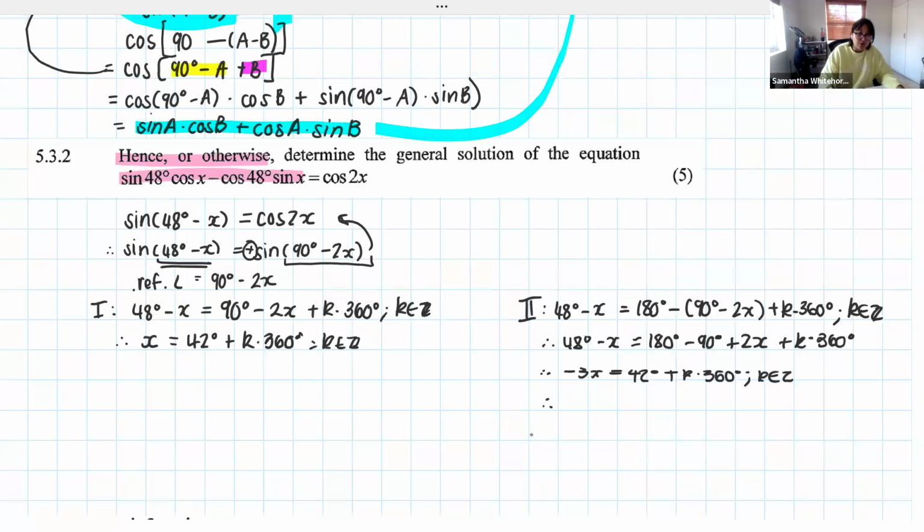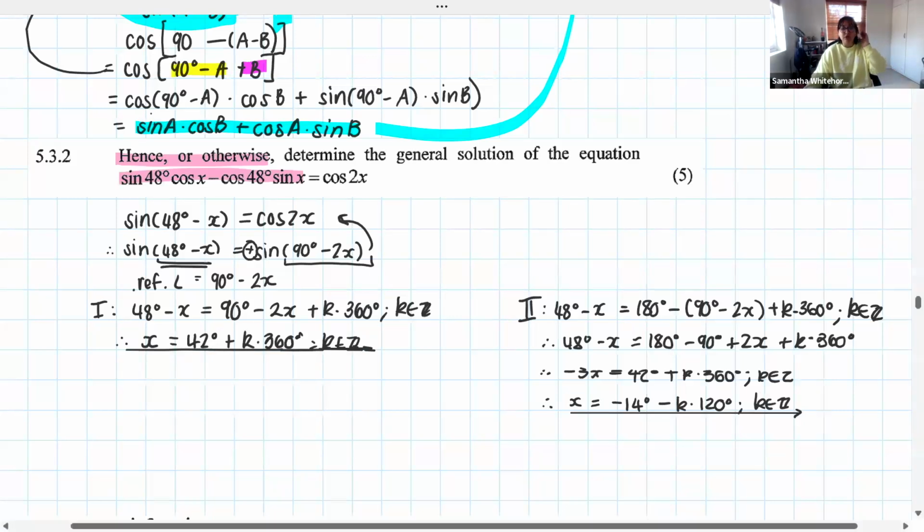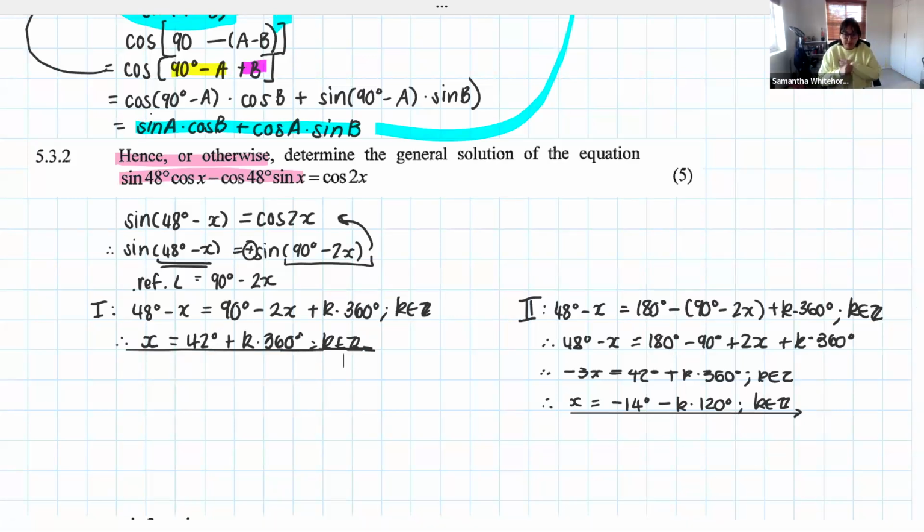And so now in solving this equation, I need to divide everything by negative 3. So 42 divided by negative 3 is negative 14. K times 360 divided by negative 3 becomes minus k times 120. And so I've got my two general solutions for this equation.